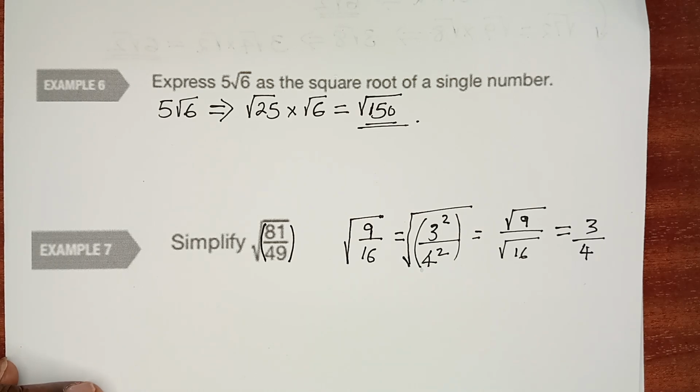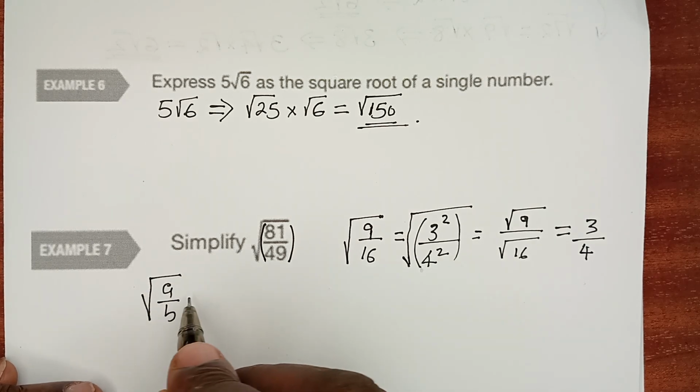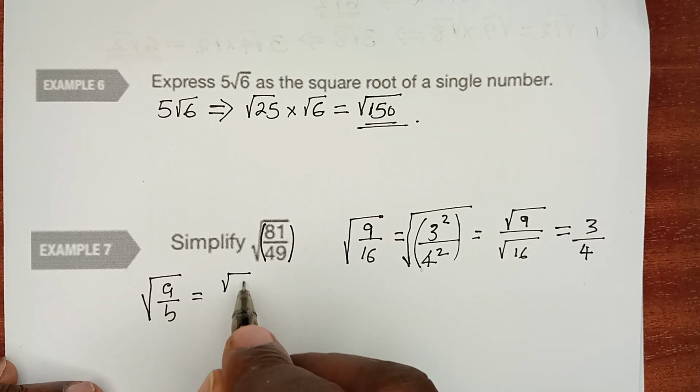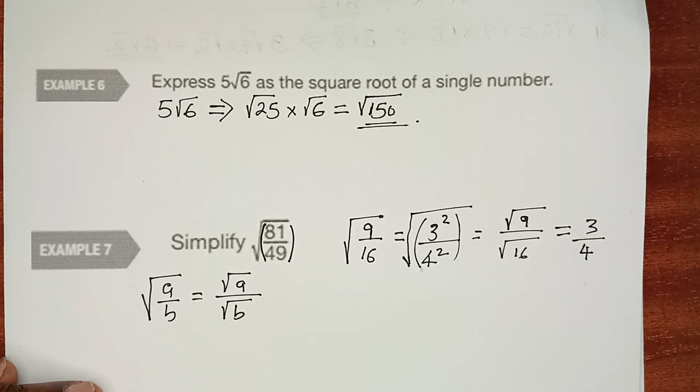In other words, we are simply saying the square root of A over B is the square root of A over the square root of B. It's like having the roots of numerator and denominator found separately.